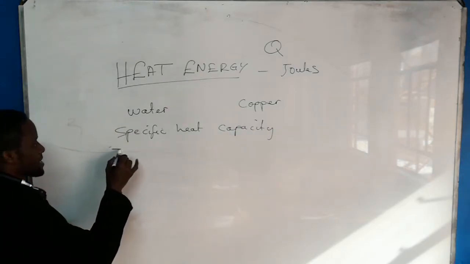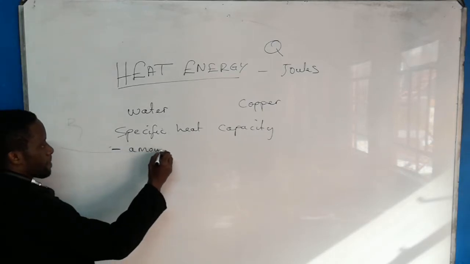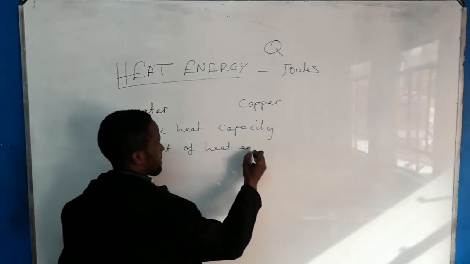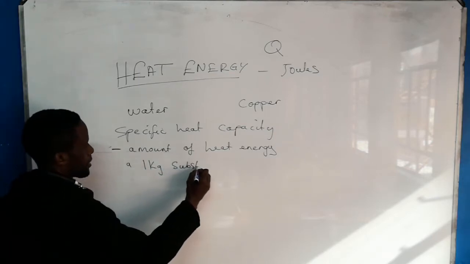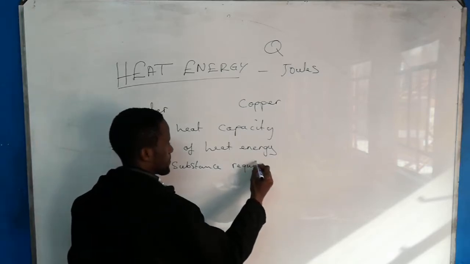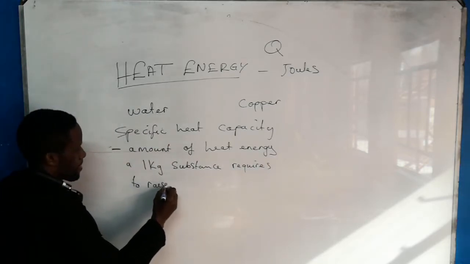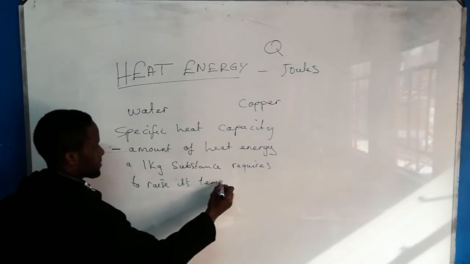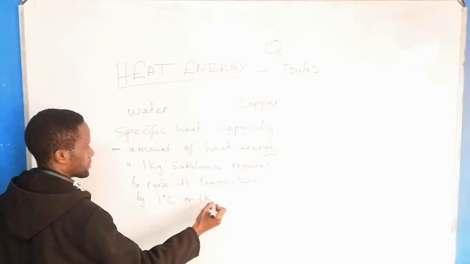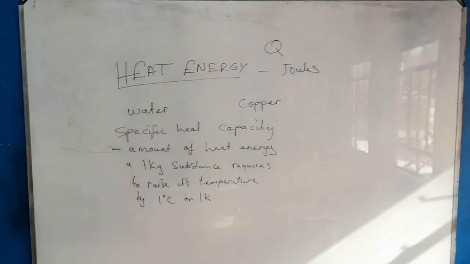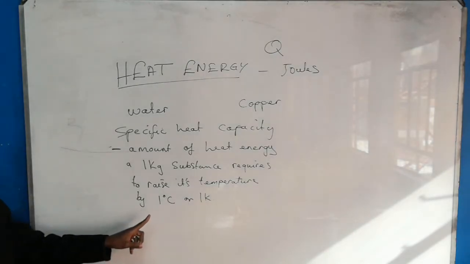Specific heat capacity of a substance is basically the amount of heat energy a 1 kg substance requires in order to raise its temperature by 1 degree Celsius or 1 Kelvin, under normal circumstances or under normal pressure.